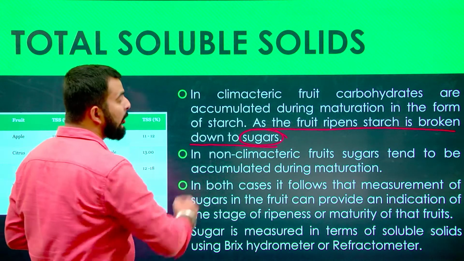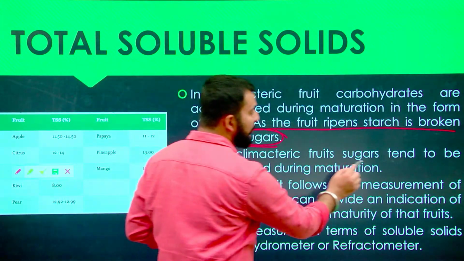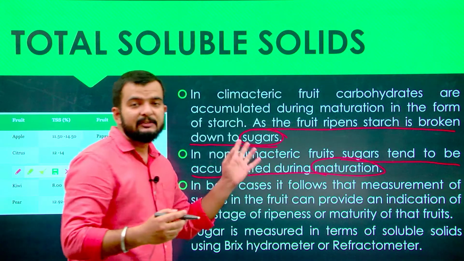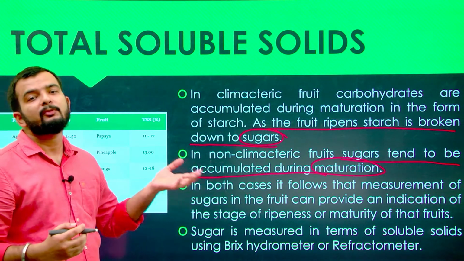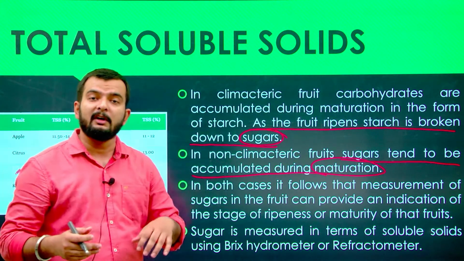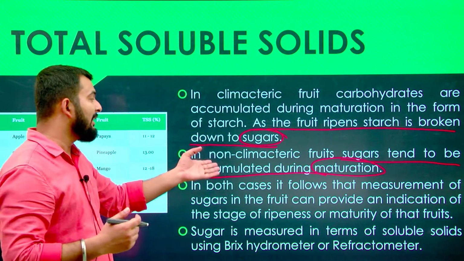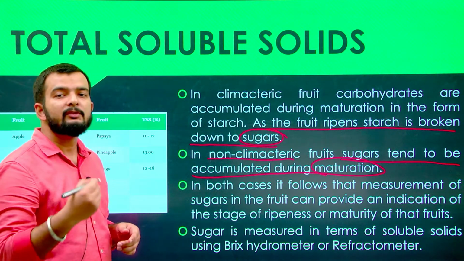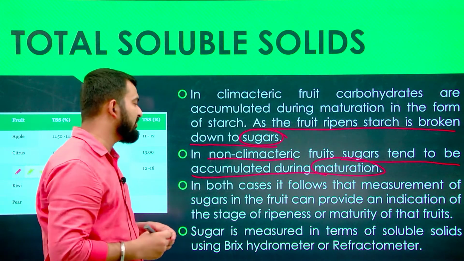So, in case of non-climacteric fruits, sugar tends to be accumulated during maturation itself. In case of climacteric, after maturation, as the fruit ripens, starch starts to degrade into sugars. While in case of non-climacteric, during maturation itself, the sugars will start to accumulate in your fruit or vegetable.